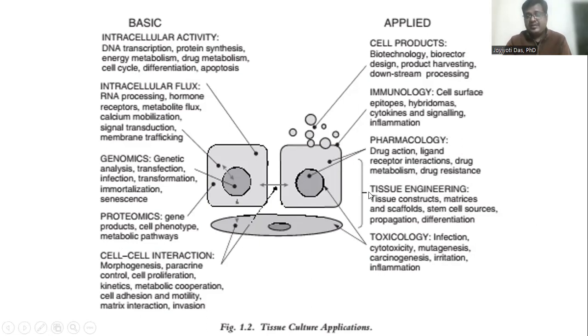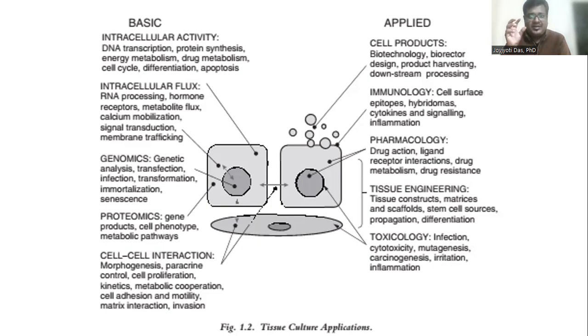And there is a separate field called tissue engineering, wherein you can also repair a fractured bone by actually making a construct of cells and extracellular matrix that is essentially called a tissue construct.